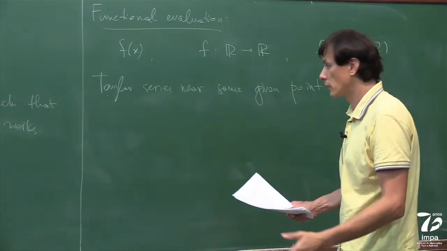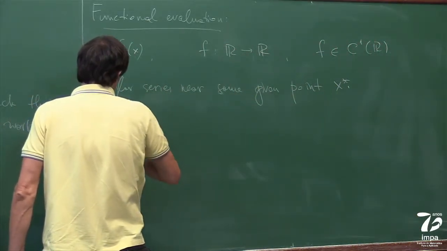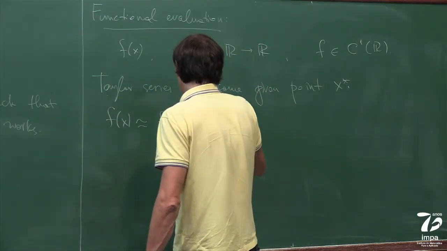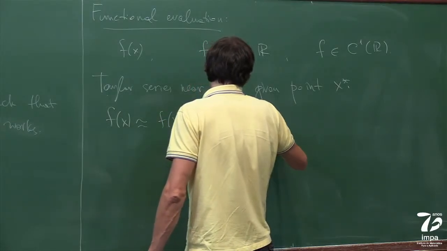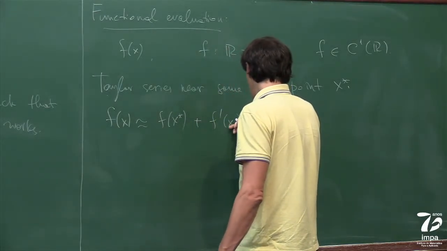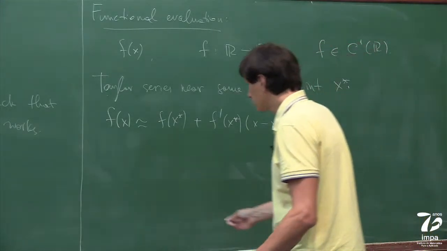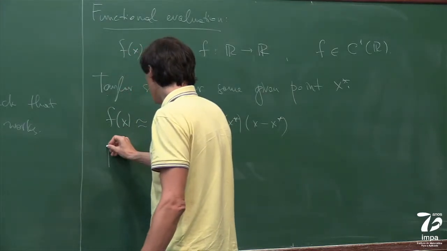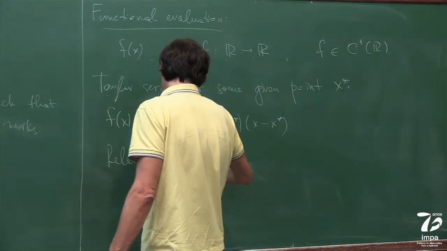So what is the error? The error can be estimated just by Taylor series. It's the function at that value plus the derivative at that value times the difference. I think star is everywhere above. Okay. And then we can compute the relative error.